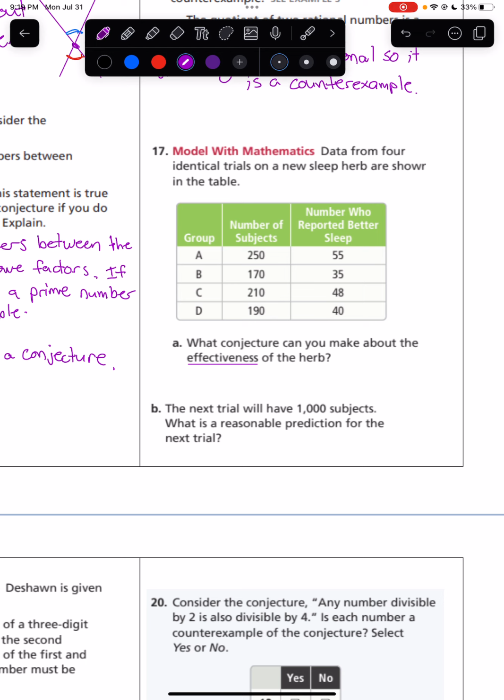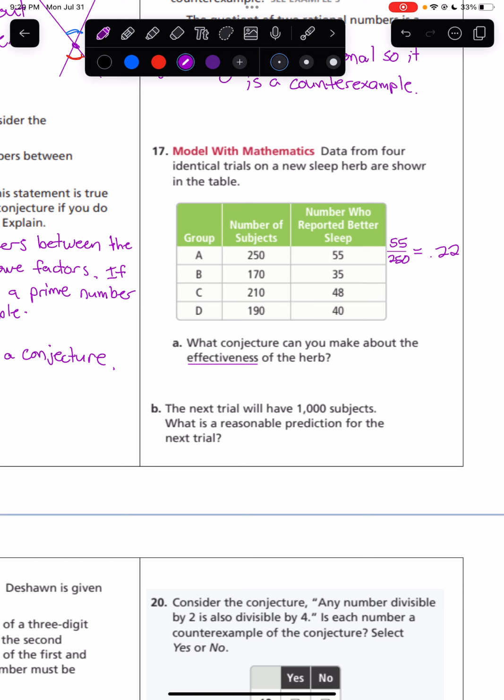So I can do that by finding the decimal or the fraction or the percent of people who did sleep better, right? So for group A, if 55 people slept better out of 250 people, that means that 0.22 or 22% of people slept better.